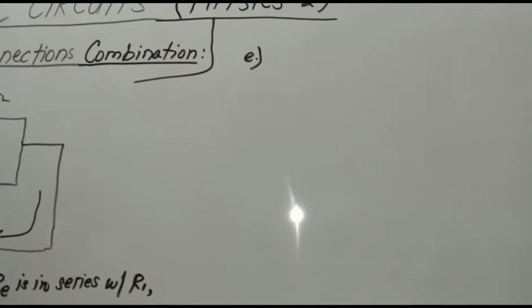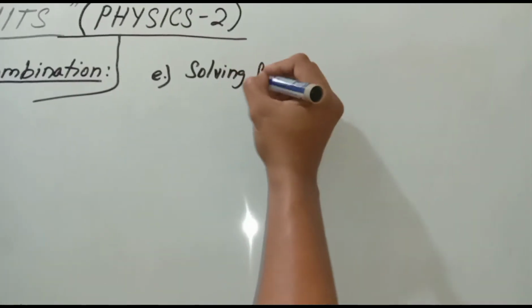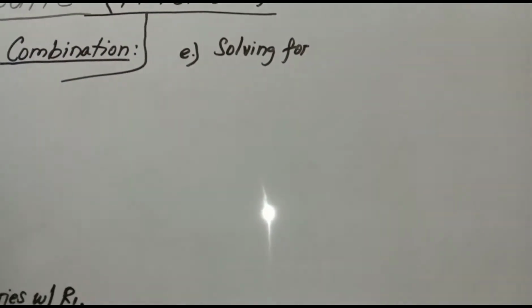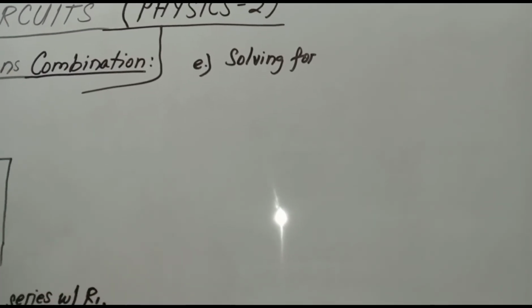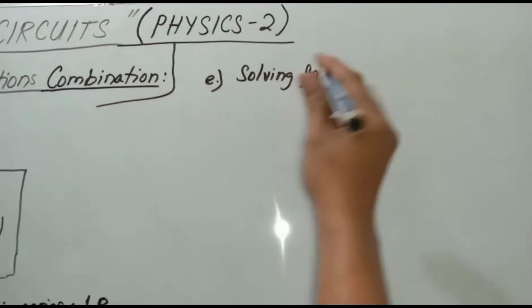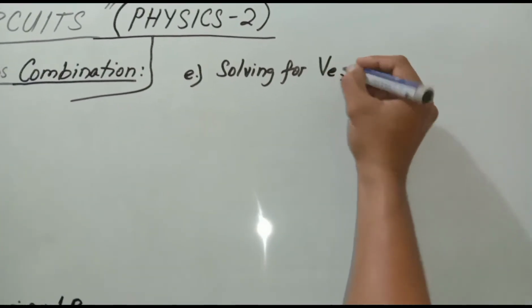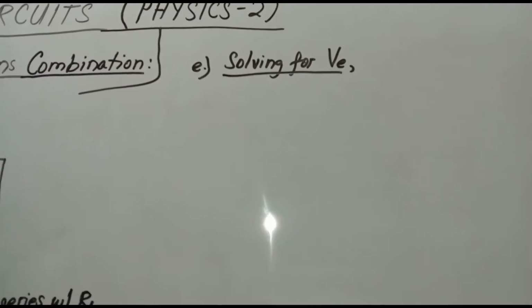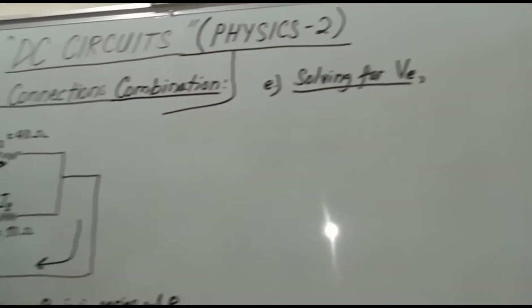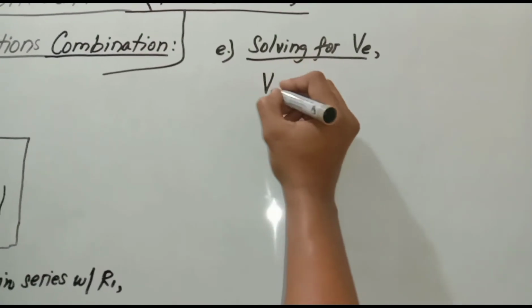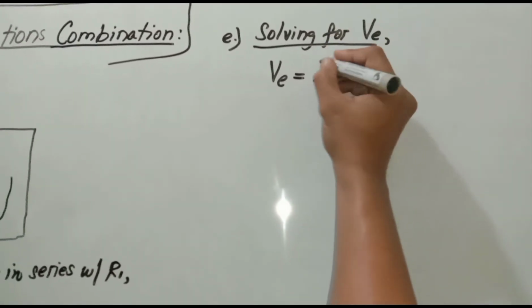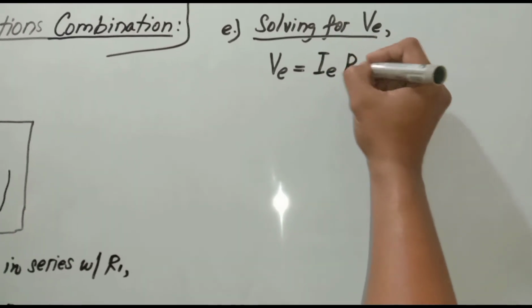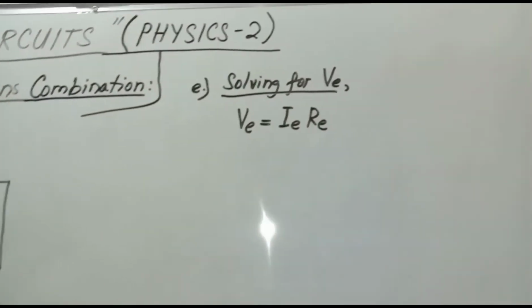VE is equal to IE times the equivalent resistance RE.